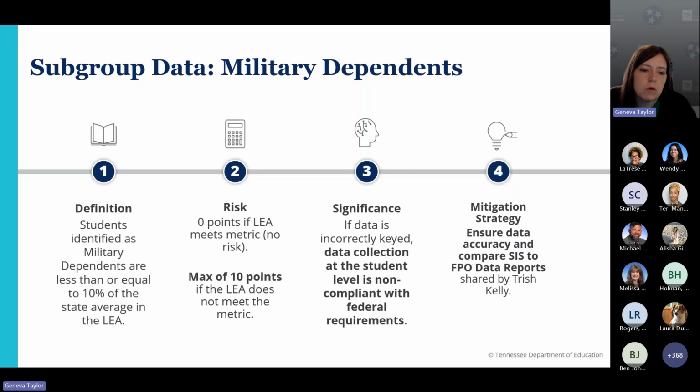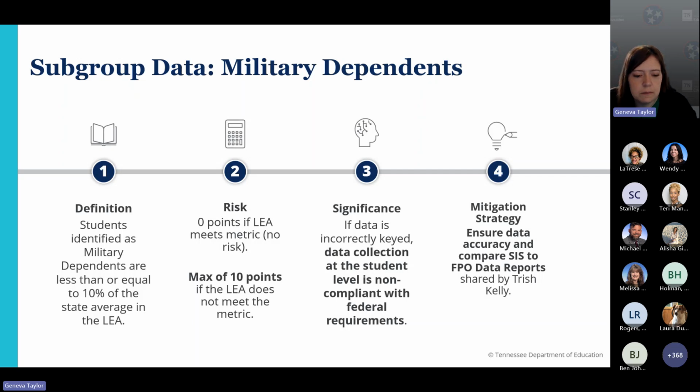So it's very possible that a district would receive subgroup data points here for not meeting the metric and it still be accurate, which is why I ask you to not panic, but to review your data very regularly when Trish is sending that out to you, and compare that to your student information system to make sure things are flowing through correctly.